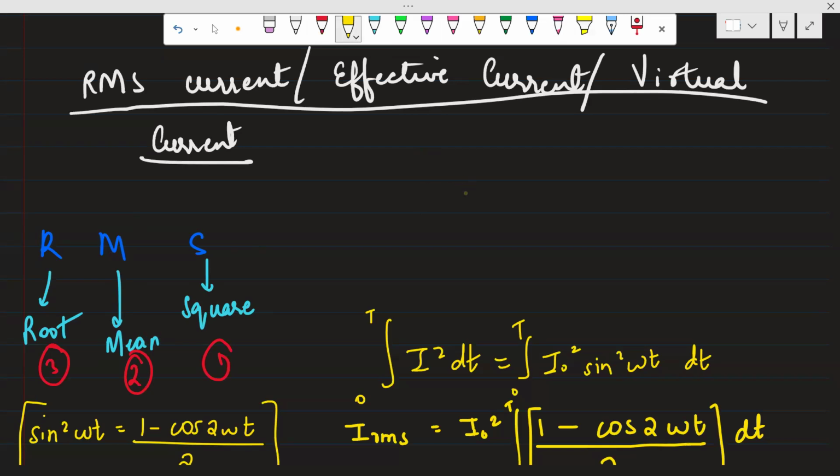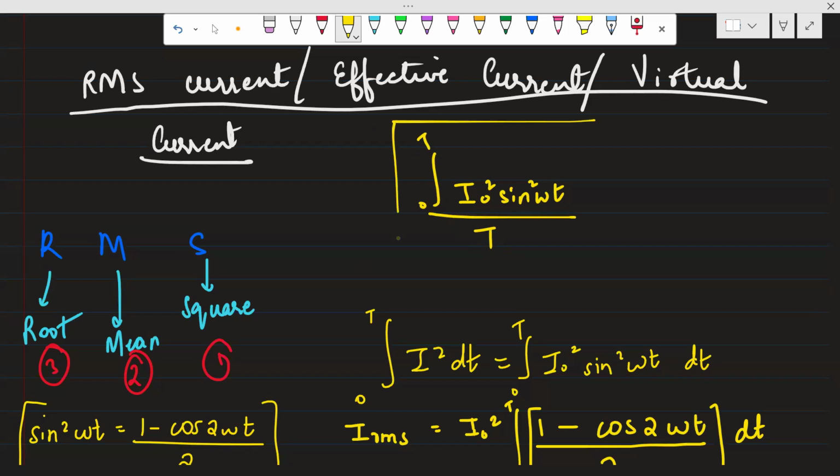Like if I say current is there, so I naught square sine square omega t will be taken, meaning we squared it up. Second is to take the mean, the mean value divided by total time. And finally you put an under root. This is what IRMS is, class.